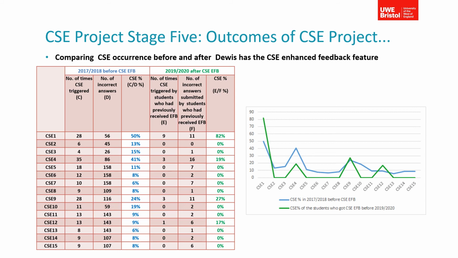CSE 9 was giving the exact value for e to the power ax when asked to calculate an approximated value for e to the power ax using Maclaurin expansion. CSE 12 was missing the negative sign when integrating sin x.